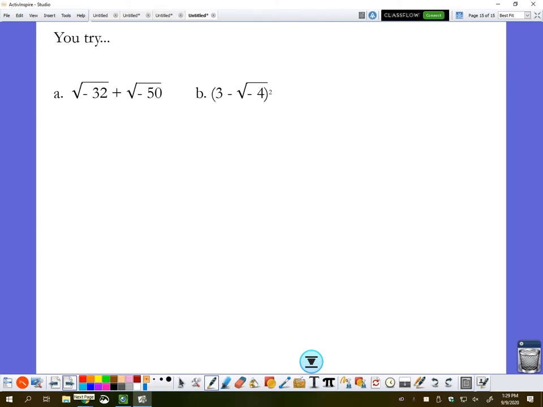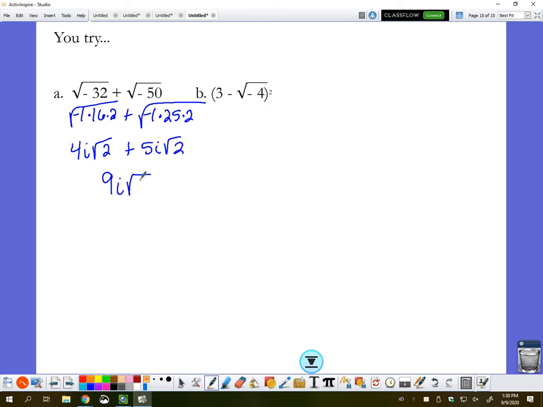Alright, so I went through those kind of fast. Try these and let's see if you picked it up. And I'm going to move way over here for B because it's kind of running into that one.